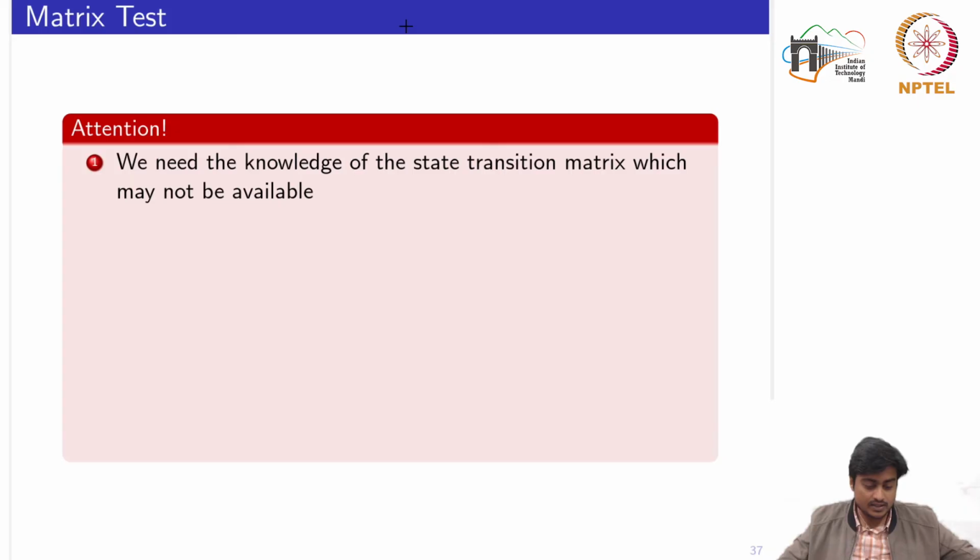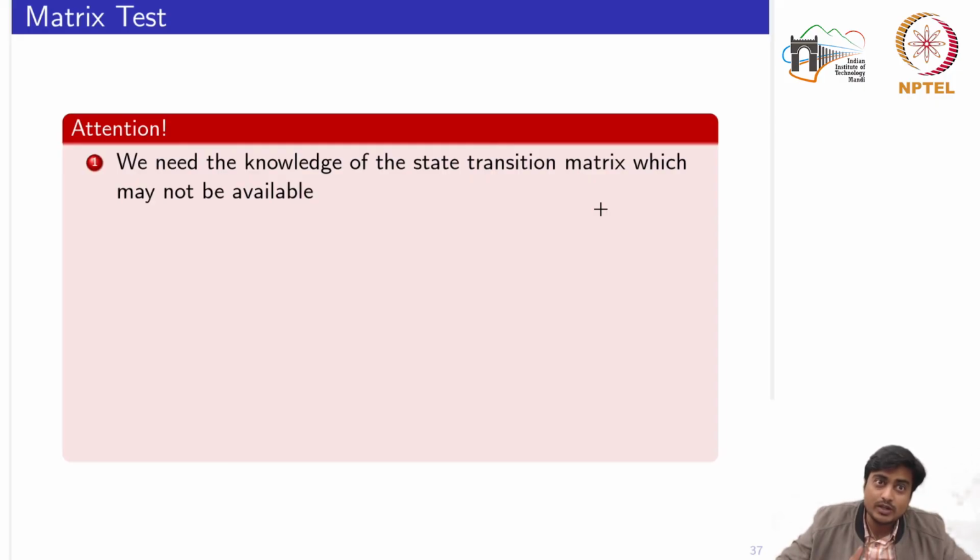So moving forward in this direction, we had seen that for computing the controllability Gramian, we need the knowledge of the state transition matrix, which may not be available. In fact, we had seen in the first week that there are certain restrictions in computing the state transition matrix, and only for specific structure of the A matrix sometimes it is possible, but for a generic A matrix it might not be possible to compute it.